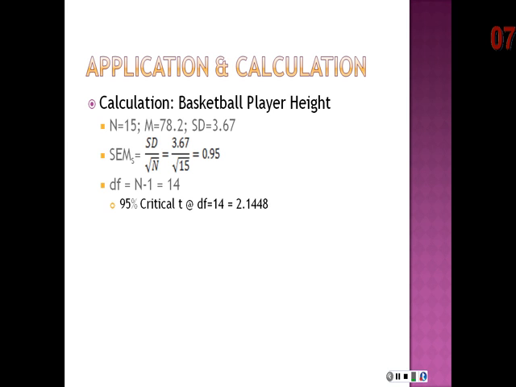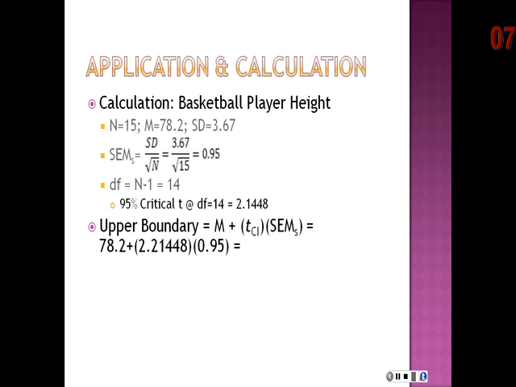If we go into our book, go into Appendix B, and go down the column that has an alpha level of 0.05, because we have the 95%, right? So alpha level of 0.05 means 95% confidence. Then we'll have a t value of 2.1448, and we'll use that number to plug into the equation.